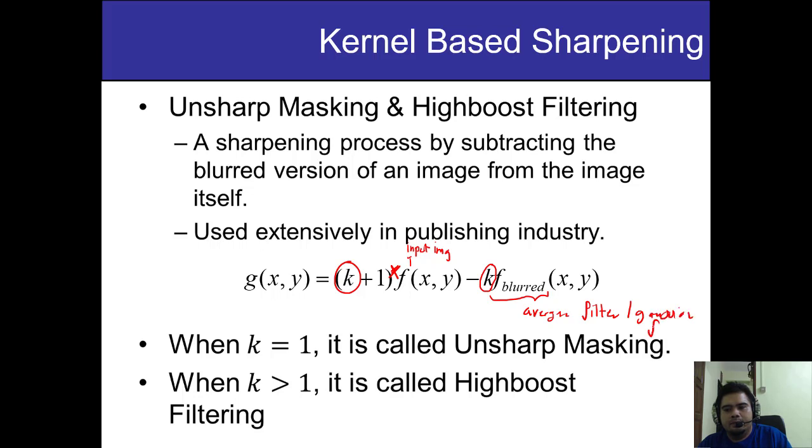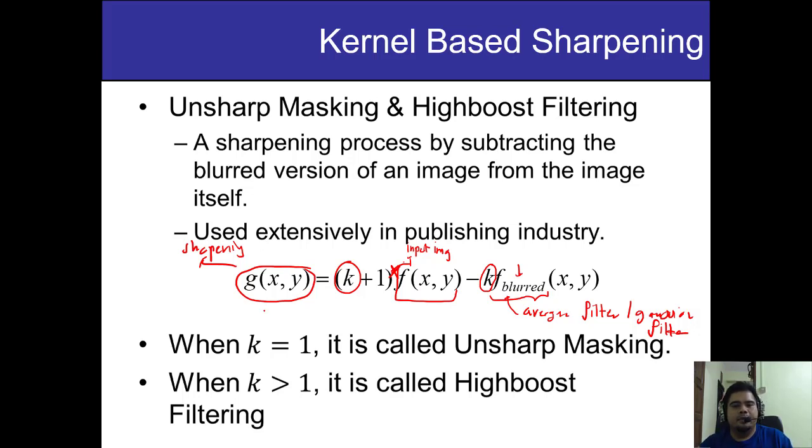Once you get the blur image, you put it here, then you take again the input image, you multiply with k plus 1, you minus the blur image times k, then you get g, which is the sharpened image, or the image after the sharpening process. This is one way to sharpen the image, you can use this formula, and that is also known as unsharp masking or high boost filtering.